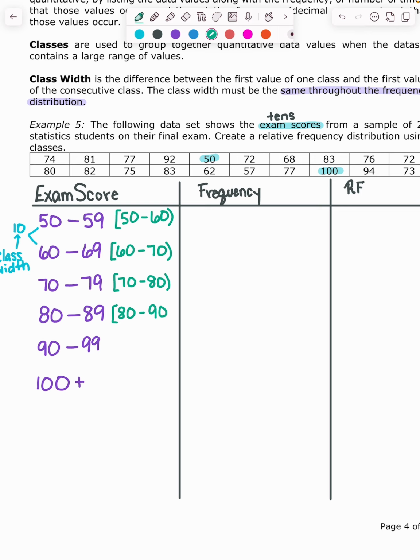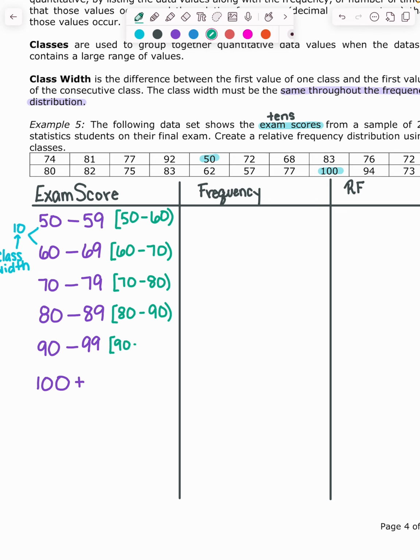And wherever the parenthesis is, the number next to the parenthesis is not being included. Anything up to that number is included. And this notation is really, really helpful whenever we have decimals, because then that just captures everything up to that number, including anything with decimals.